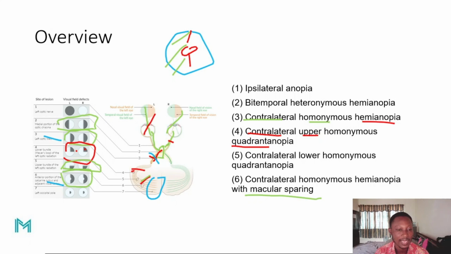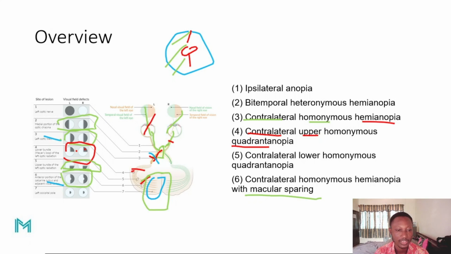This region has a dual blood supply, both the middle cerebral artery and the posterior cerebral artery. Most of the occipital lobe is supplied by the posterior cerebral artery. So if you have a posterior cerebral artery infarction, for instance, where the occipital lobe is hit, you have loss of vision that resembles this.